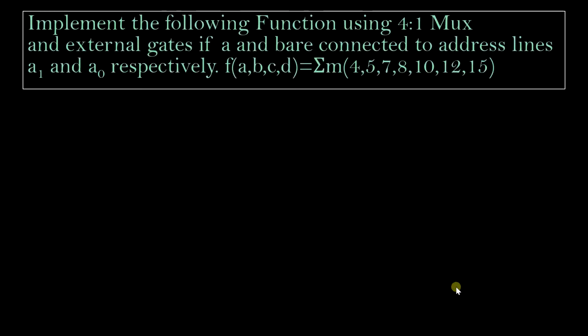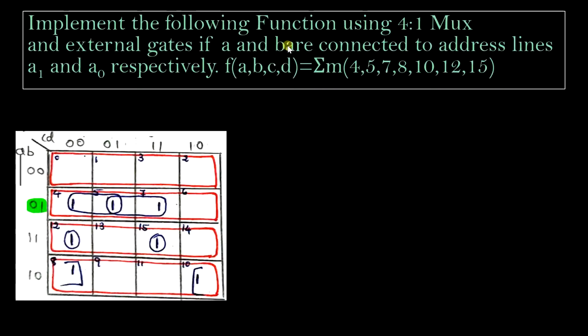Next we have the question to implement the function using a 4:1 mux and external gates, if A and B are connected to the address lines A1 and A0 respectively. Okay. So we have the Karnaugh map. Because there are 4 inputs, we have to consider A and B to be the select lines, which are A1 and A0.